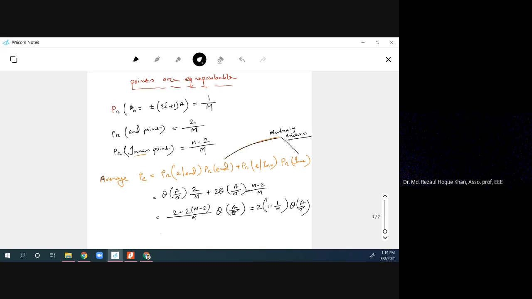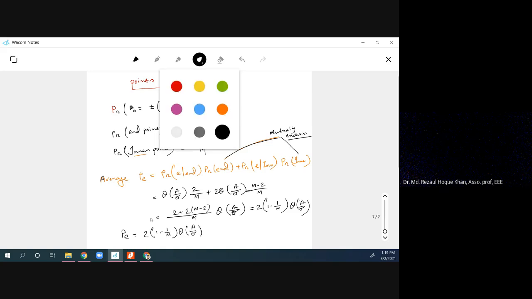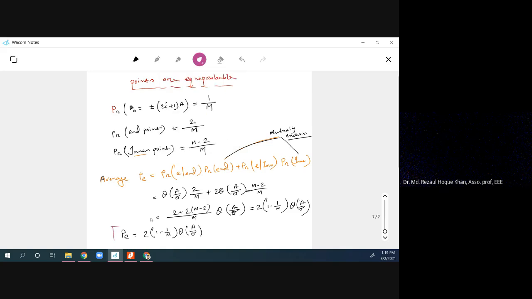So here our average probability is twice 1 minus 1 by m, times Q of something. You remember what A is?